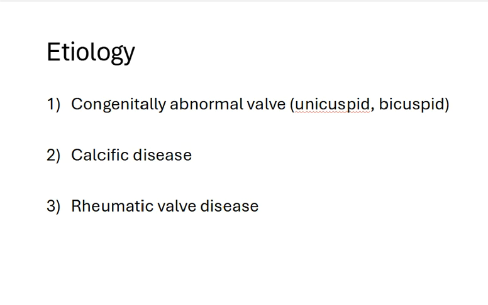And then another cause is a congenitally abnormal valve, where you can have valve with one cusp, two cusps, or in a rare occasion, four cusps. And other conditions such as rheumatic valve disease can also cause aortic stenosis.